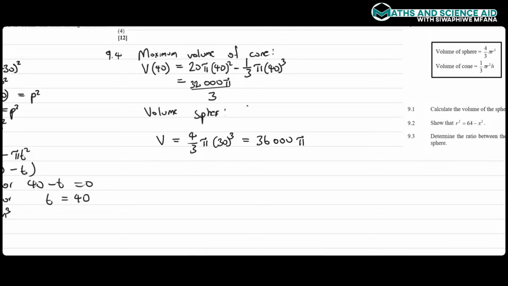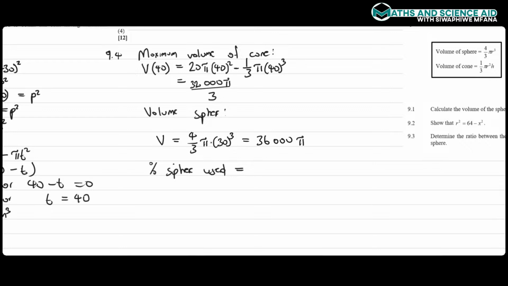Immediately you can see that the volume of the cone is just 1/3 of the volume of the sphere. So the percentage of the sphere used is clearly 33%. But if you want to calculate it, take the volume of the cone we have found, divide it by the volume of the sphere, and multiply by 100.